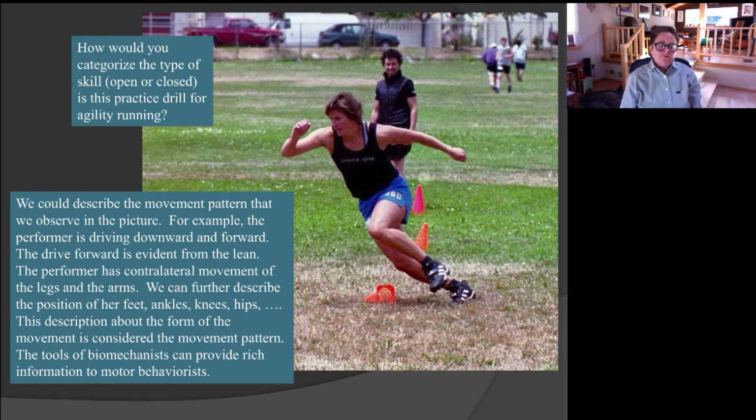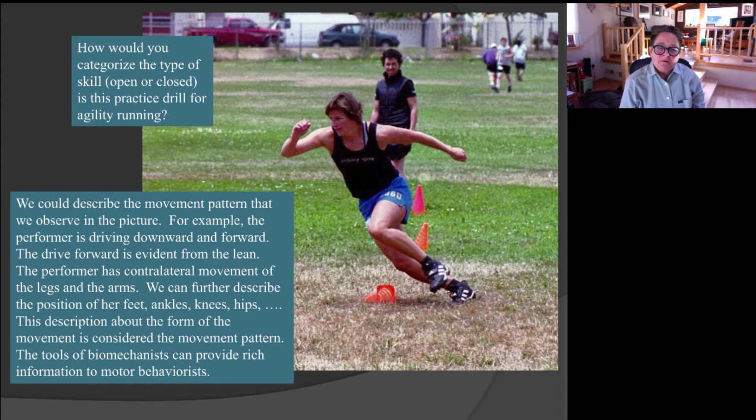So I also want you to take notice of the movement pattern that Sherry has in this picture. For example, I could say that based upon what I see in this picture and the shape of her muscle and what's being activated there, she's driving downward and forward.